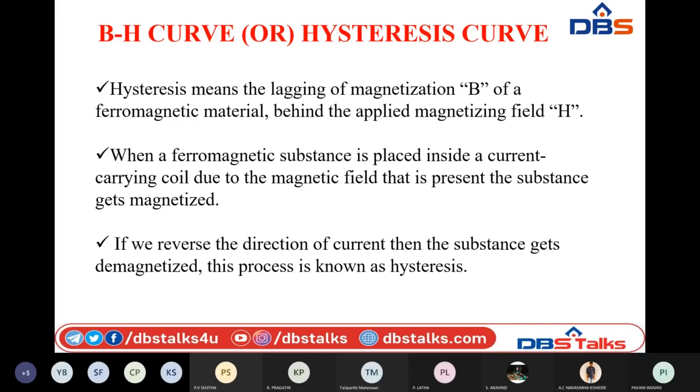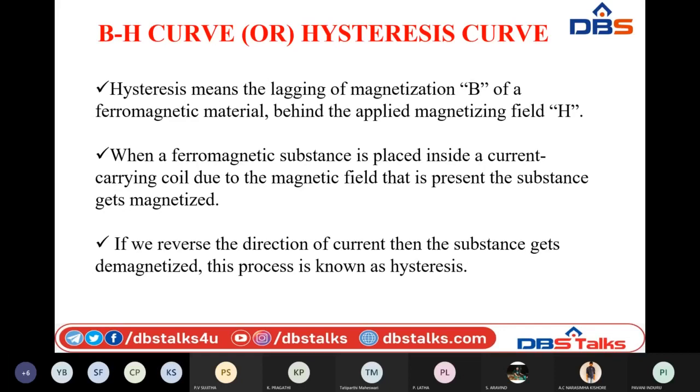which is known as hysteresis. Whenever a ferromagnetic substance is placed inside a current carrying conductor, a magnetic field is present in the substance. Whenever we are able to impart magnetic properties to a material, it gets magnetized.